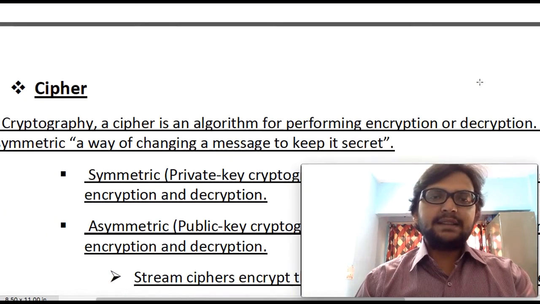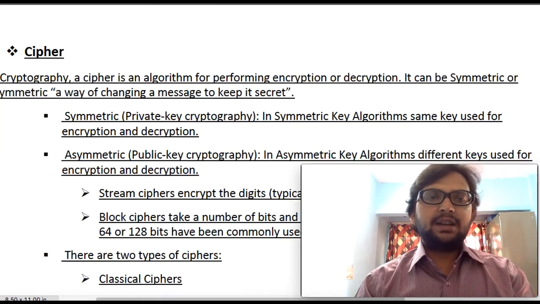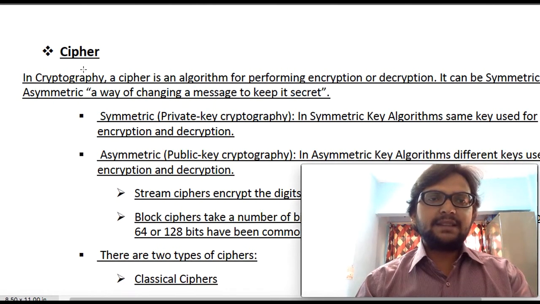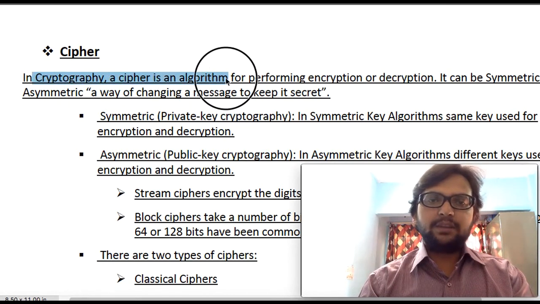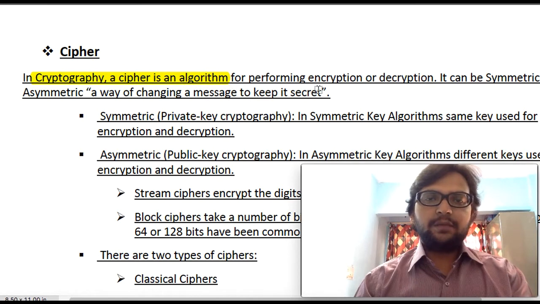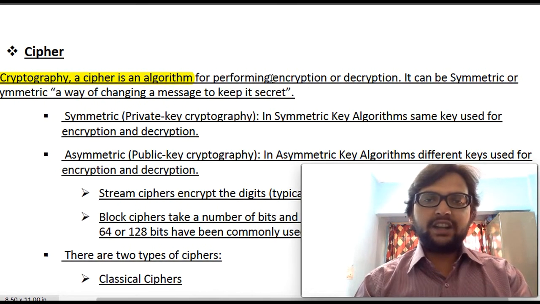So let's start discussing. First we'll discuss a cipher. What do we mean by a cipher? As you can see, when we talk about a cipher in cryptography, a cipher is an algorithm. Remember, it is an algorithm for performing encryption or decryption.